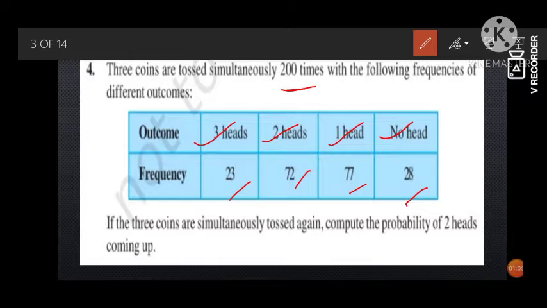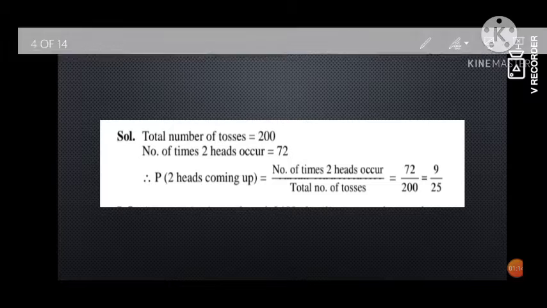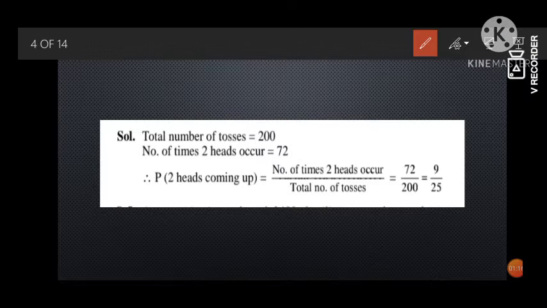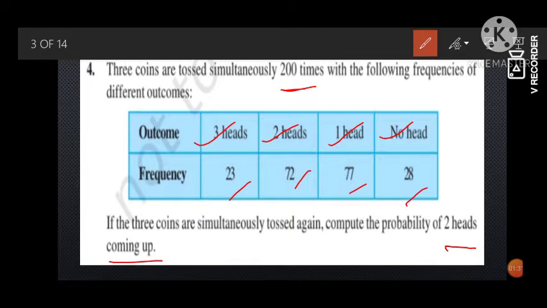We have to find the probability of 2 heads coming up. So let us see how to solve this sum. The total number of tosses was 200. And if we go back to the question, you can see that 2 heads occur 72 times.